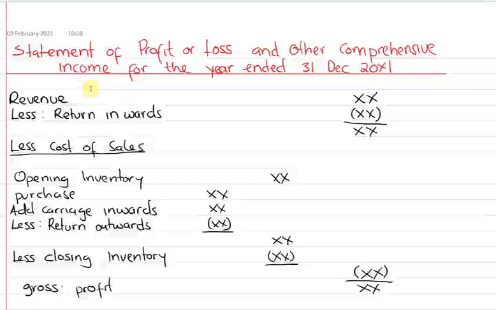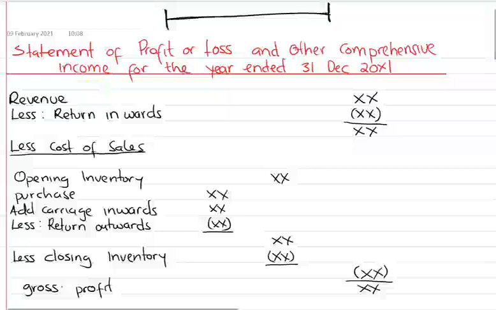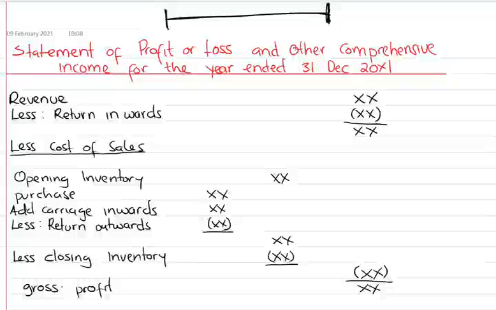It says statement of profit or loss and other comprehensive income for the year ended 31. It is covering a period of a year. That means if you see revenue, those revenues are for the year. If you see expenses, those expenses are for a year.